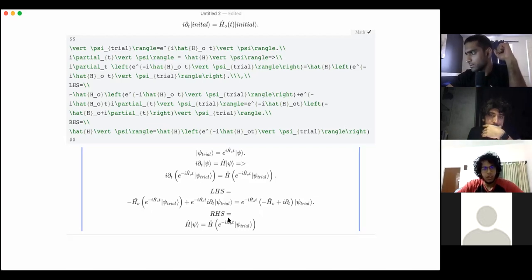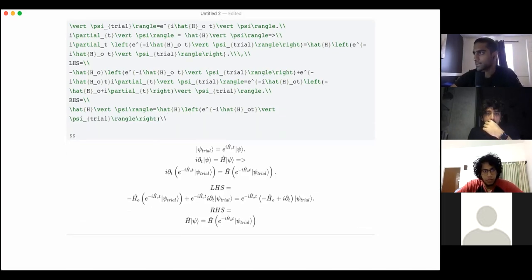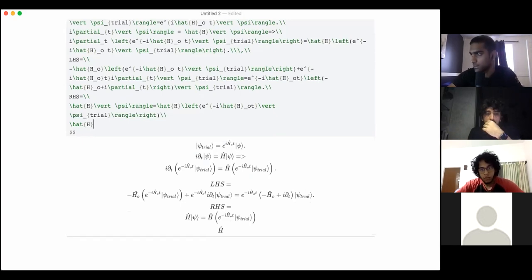So maybe we can cleverly play with inserting one. This is what normally helps. It's not to say that it'll really solve our problem, but it's something we can try. What's the convenient one to insert at this stage?